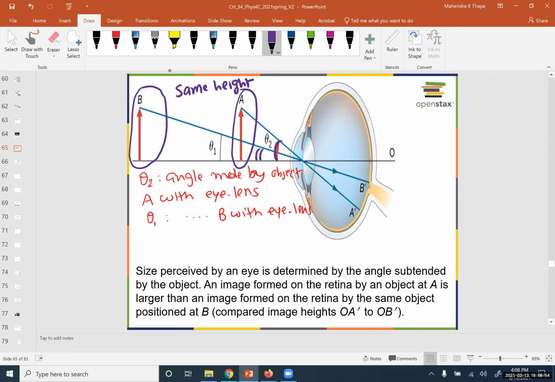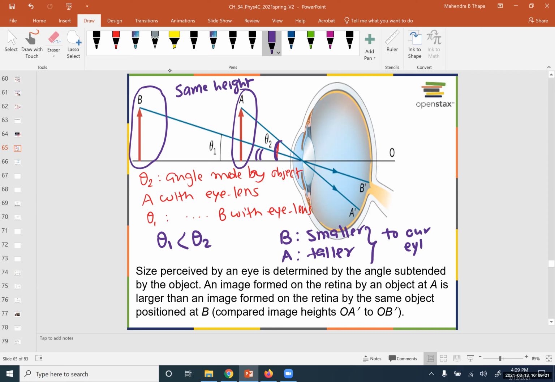So this means in our situation θ1 is less than θ2. So for our eye, B appears smaller and A appears taller.